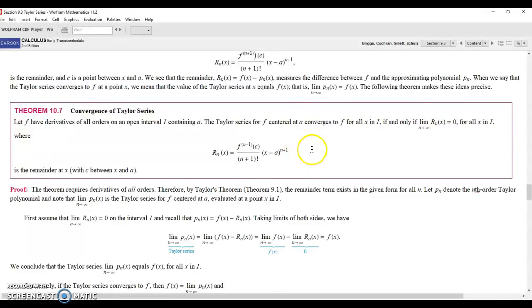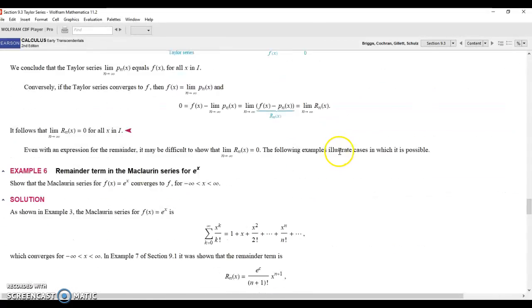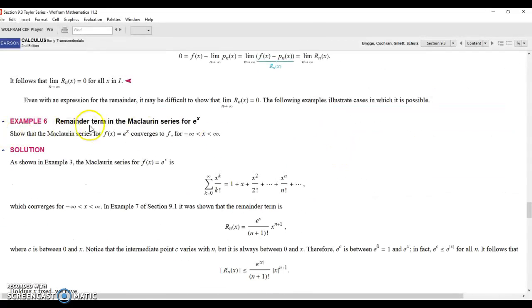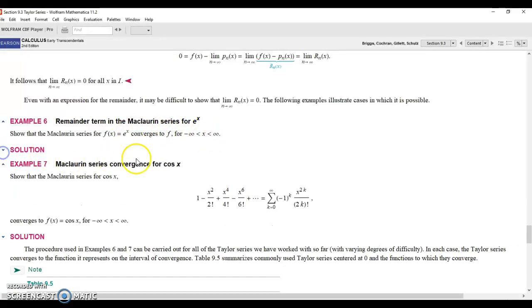Okay, so we're going to take a look at doing this with our e to the x series that we were just looking at. We want to show that our Maclaurin series for f of x equals e to the x converges to f for everything in minus infinity to infinity.